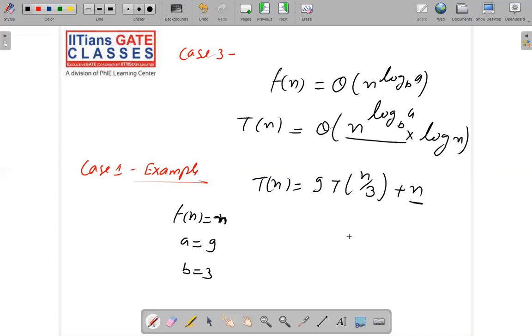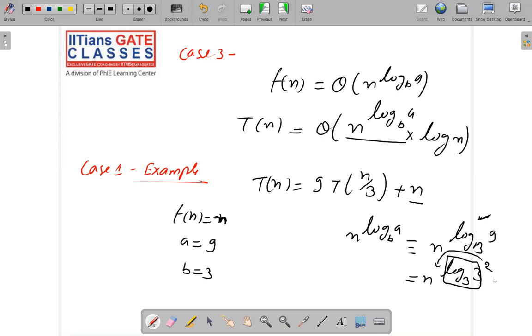So what is the value of n^(log base b of a)? Log base 3 of 9, and the value of this is actually 2, since 3 to the power 2 is 9, and log base 3 of 3 is 1, so it's n squared.